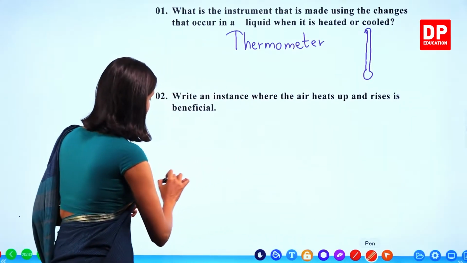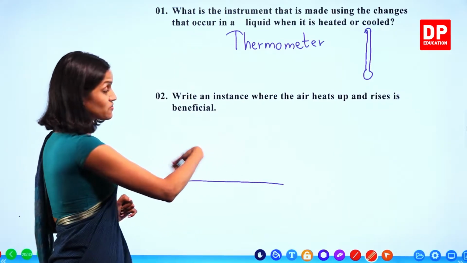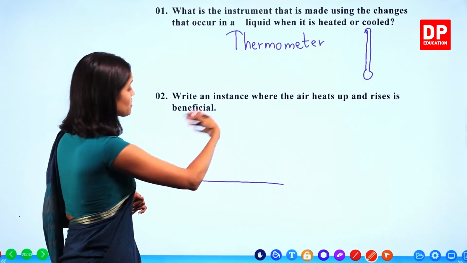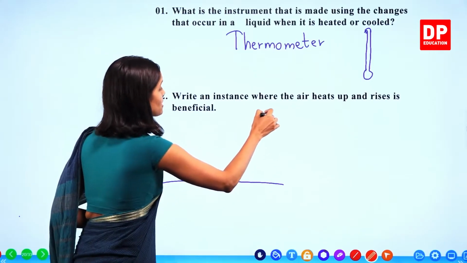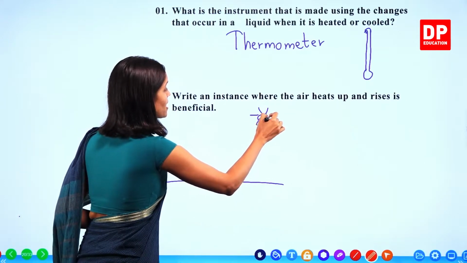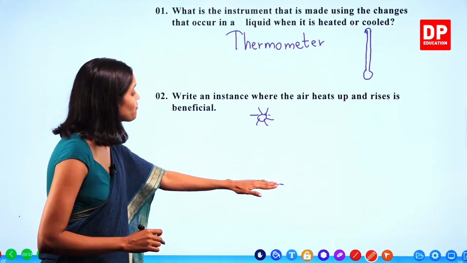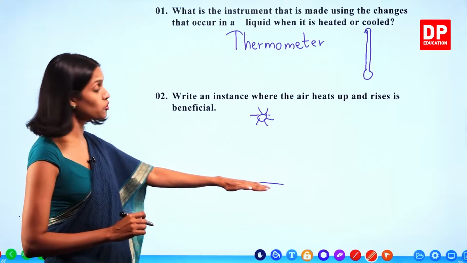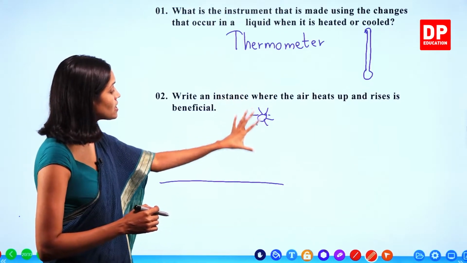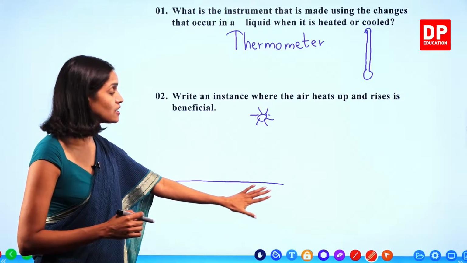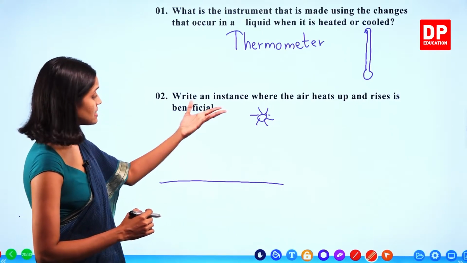So let's consider this is the earth. You all know that the atmosphere is made up of different types of gases, air present here, right? So you all know during the daytime, different parts of the earth get heated up at different levels. Let's say that if this part gets heated up more than this area, then what happens? Because of absorption of heat, the temperature of earth increases.